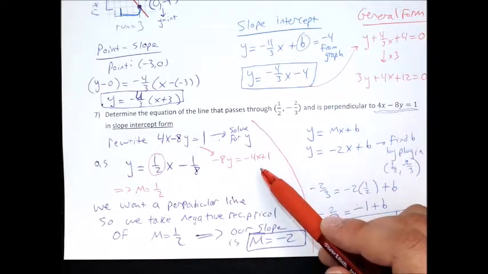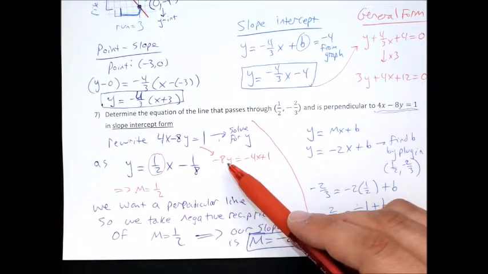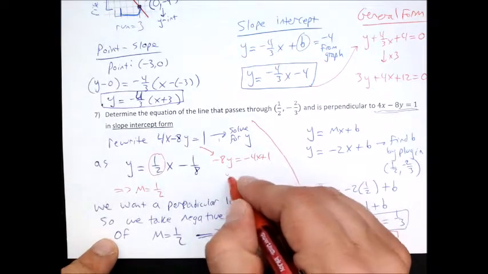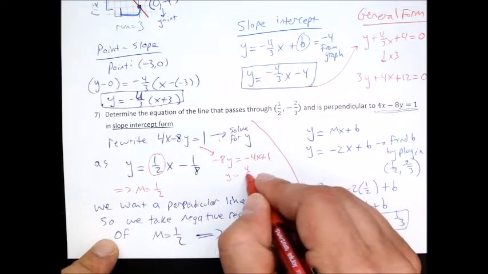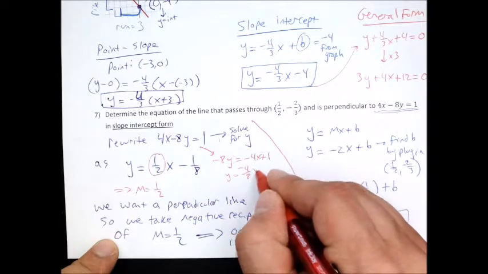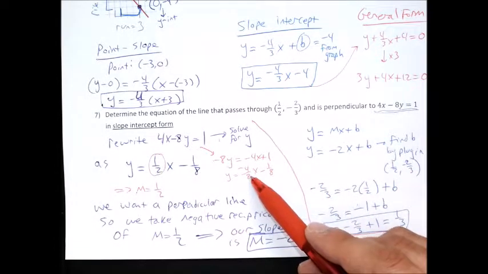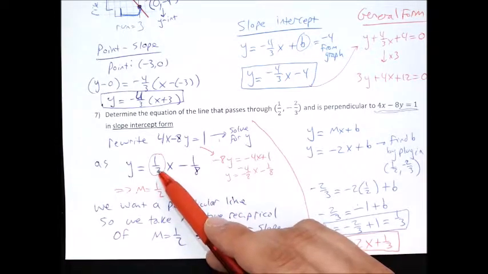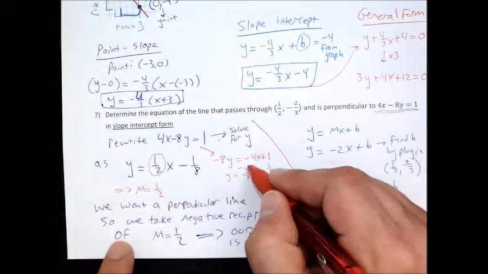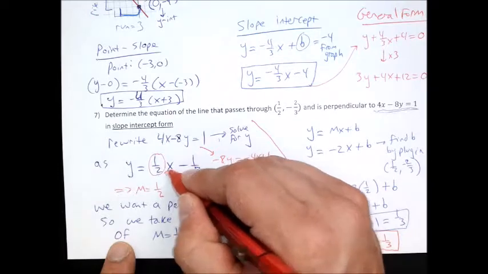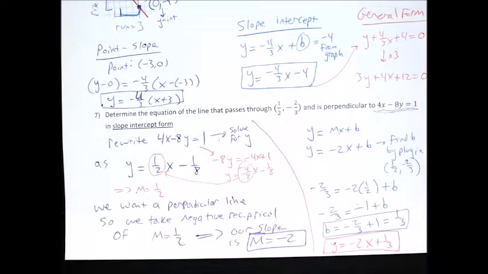Does that make sense? And then I need to divide by -8. So I get y equals minus 4 over minus 8x minus 1 over 8. And so the minus 4 over the minus 8 is the positive 1/2. That's where this came from. Is that clear now? Yeah. Okay.